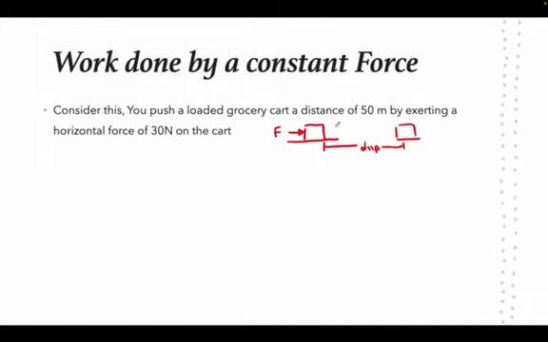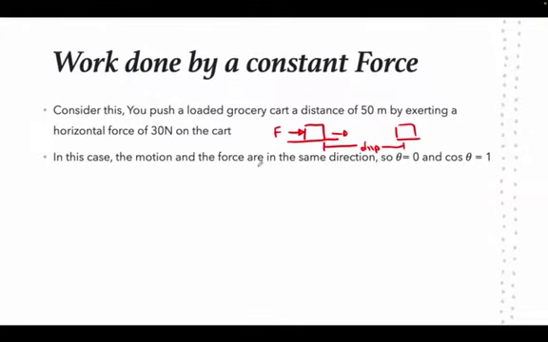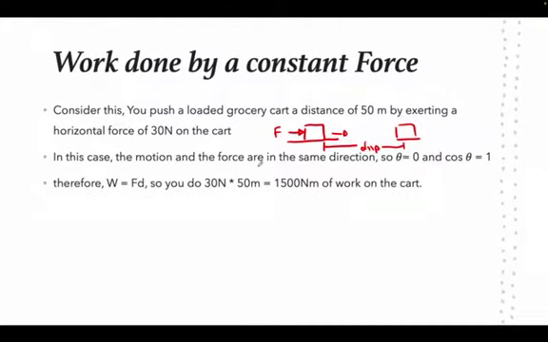Now, here the displacement is in this direction. The force is also in this direction. So the force and the displacement are parallel, which means that the angle between the force and the displacement is 0. So cosine 0 is equal to 1. Therefore, the work done would be equal to force times distance, which is 1500 newton meters of work.